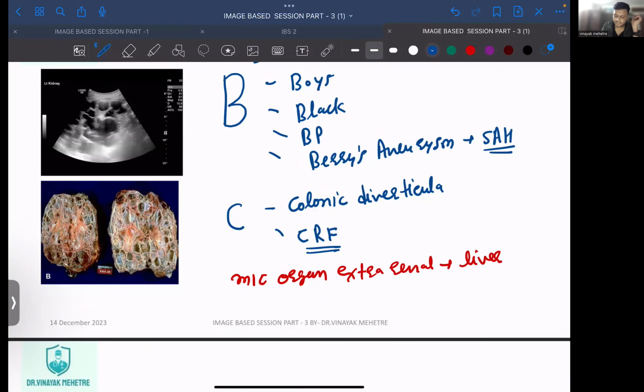And what is the treatment? Treatment for this patient? Patient is going to die of chronic renal failure. So what we need to do? We need to change it. That means renal transplant. Yes, correct.